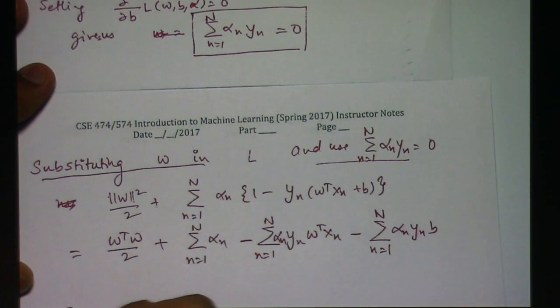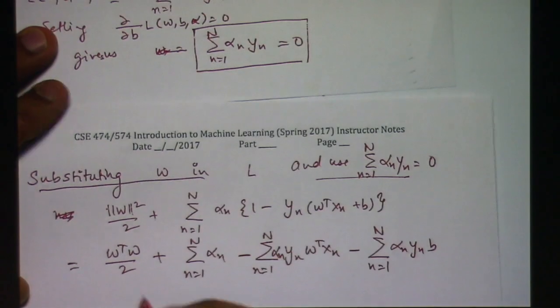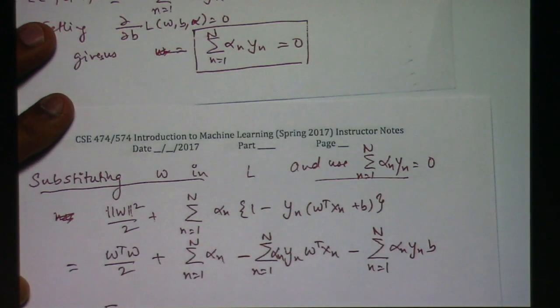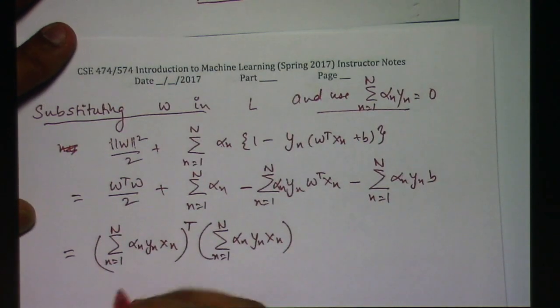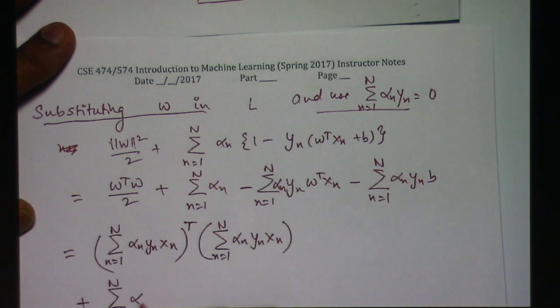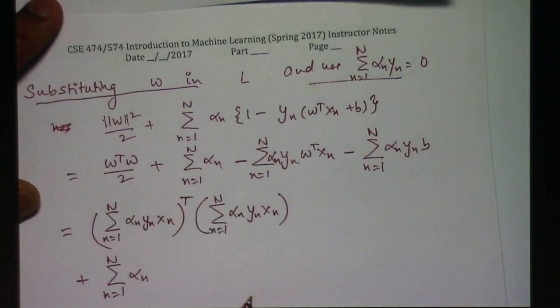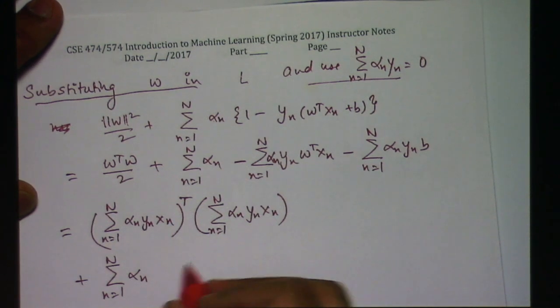So what is W transpose? It is just summation n equal to 1 through n of alpha n yn xn, transpose, times summation n equal to 1 through n of alpha n yn xn. So this is W transpose W, plus summation n equal to 1 through n of alpha n. This will stay, it does not have x, W or b.